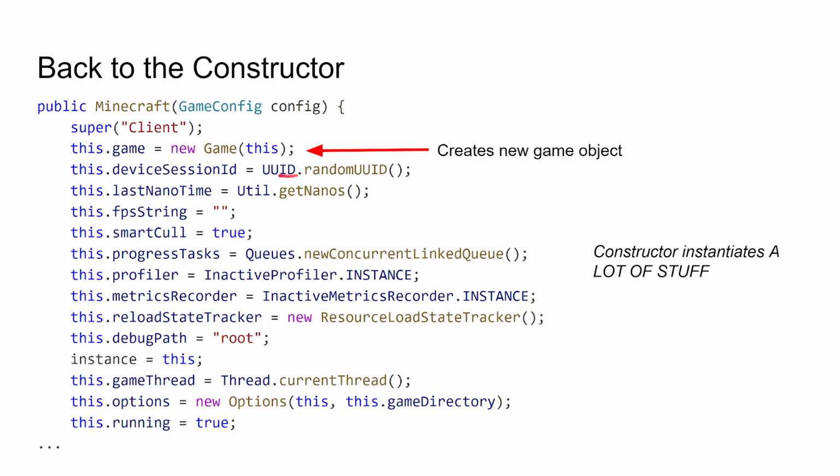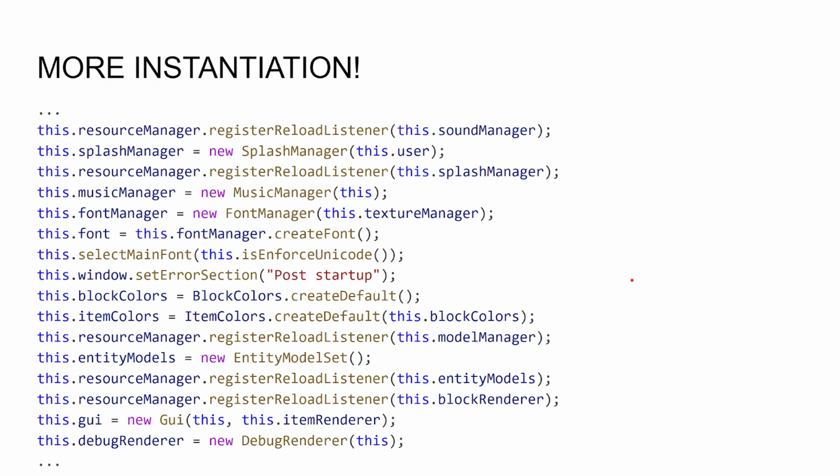Gets the random session ID to a random identifier. Basically, just everything you think of is here. Like, look, more stuff. Resource manager, splash manager, music manager, font, window, item colors. You know, you get the point. Everything is instantiated in the constructor. So this basically just creates everything you want and need in Minecraft. So yeah, that's the constructor.